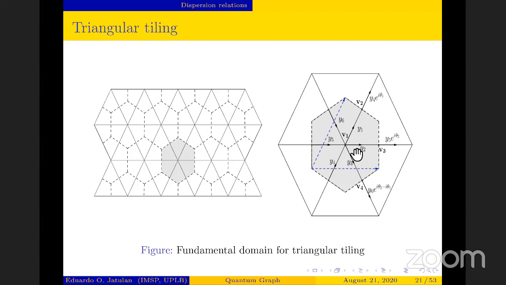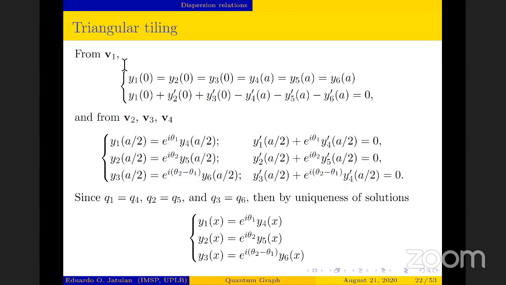So we have this, and as we can see, at vertex 1 we have the continuity conditions and the Kirchhoff conditions.